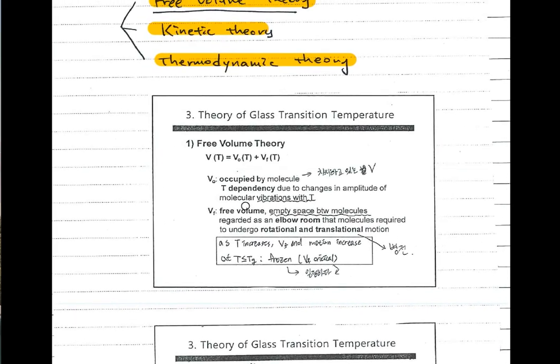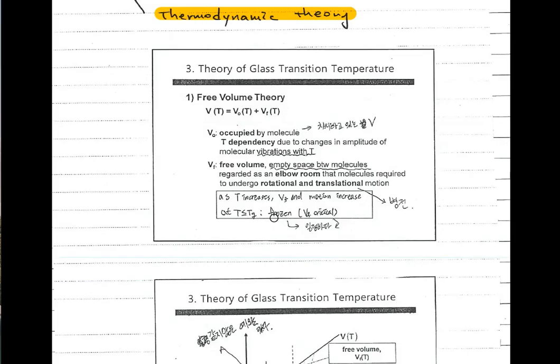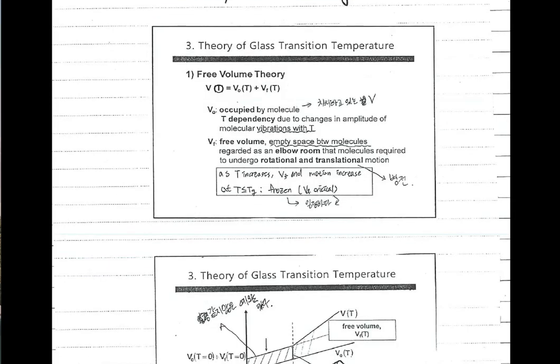If you look at the lecture note, the volume of polymers, V, at a specific temperature T, comprises two different parts, V0 and Vf.